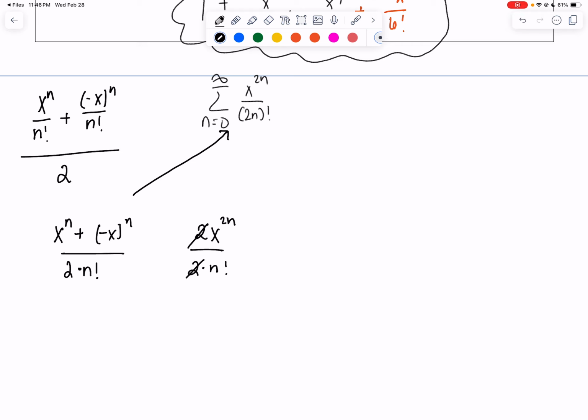So now I'm just left with x to the 2n, and the n factorial also changes. This becomes 2n factorial, because this technically depends on what these were, and since I said that they were even, this should also be even. And remember that the definition of an even number is 2n. So now I have x to the 2n over 2n factorial.